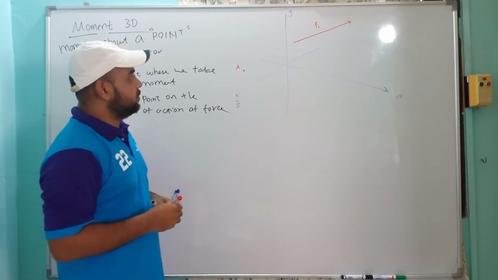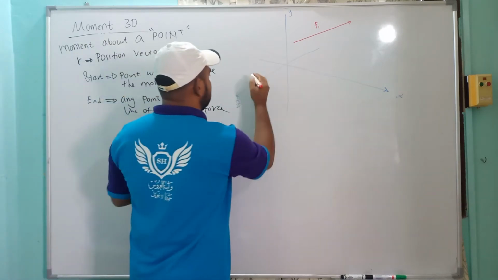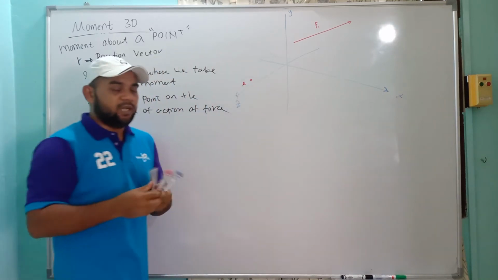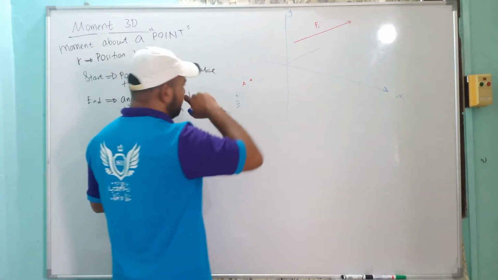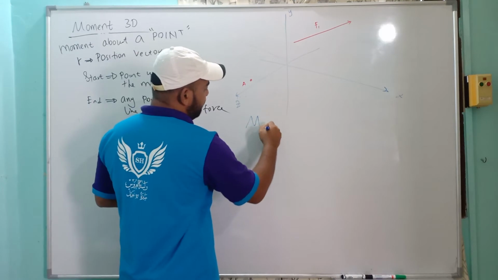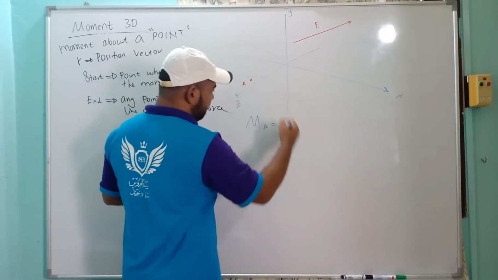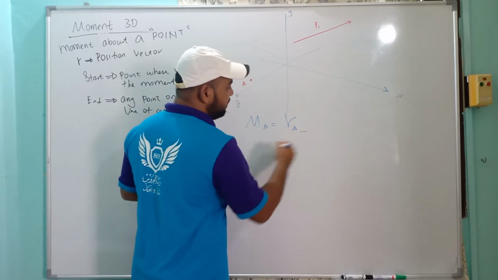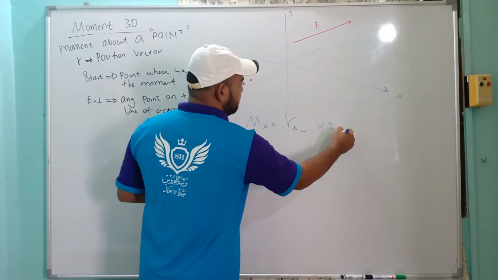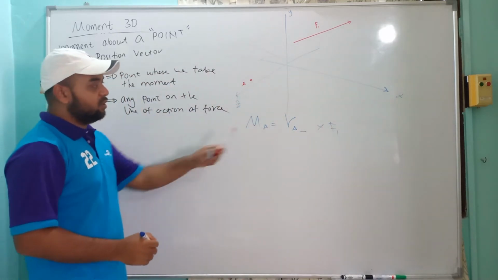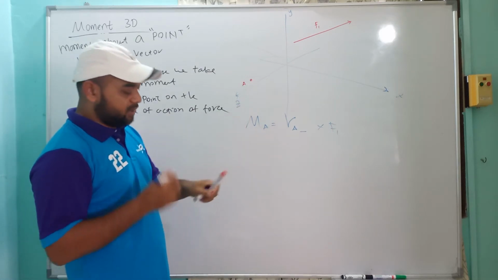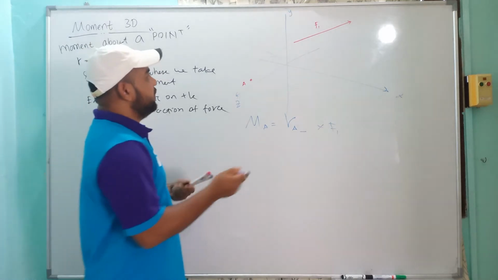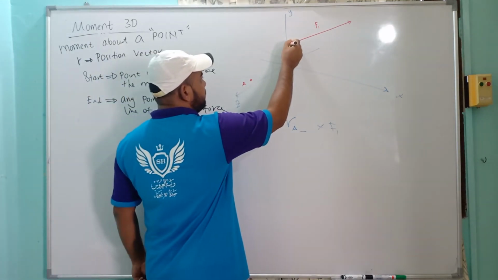If you want to take the moment about point A, it is R cross F, so R must start from A and then something, cross this F1. It must always start from the point where you take the moment. The end point is any point on the line of action of the force. So this is our line of action of force.